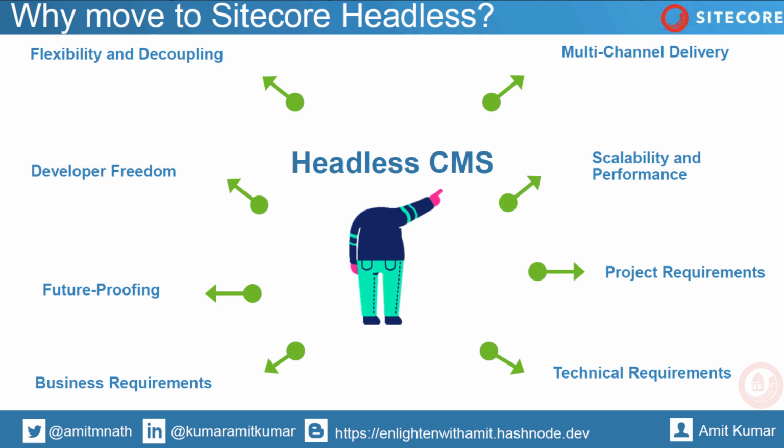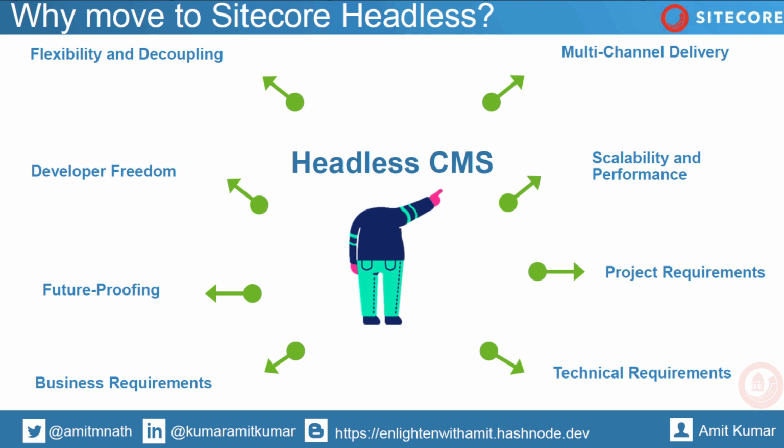Technical requirement. Say you have a Sitecore CMS version which has more security vulnerabilities, and you need to patch that also, right? Or you have a Sitecore version which is going to sunset. If you have a large amount of technical debt in your application, you need to think about whether it is beneficial to move from traditional MVC to headless or not.